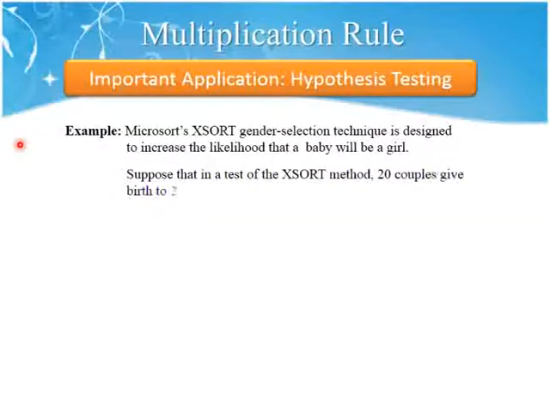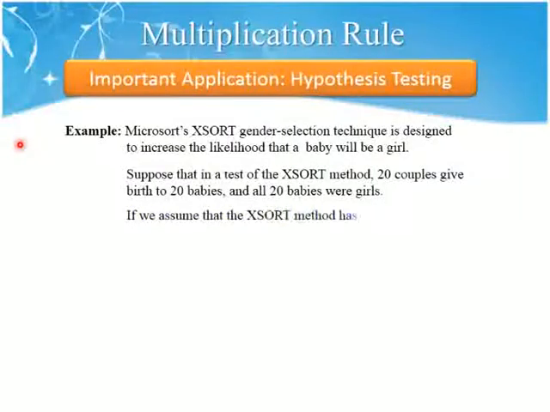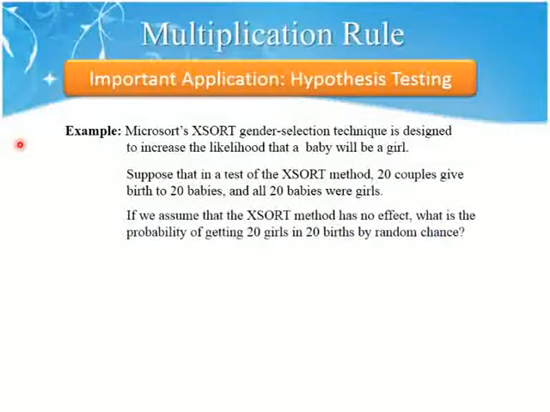Now suppose that in a test of the XSort method, 20 couples give birth to 20 babies, and all 20 babies were girls. If we assume that the XSort method has no effect, in other words, having a girl and having a boy is just a 50-50 chance, so the probability of having a girl is 1/2, then what is the probability of getting 20 girls in 20 births just by random chance?